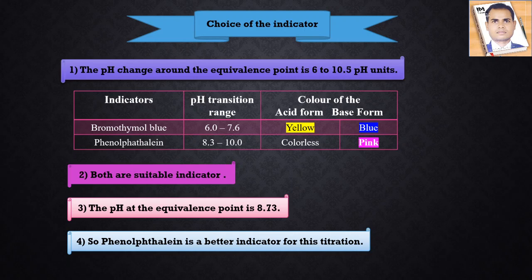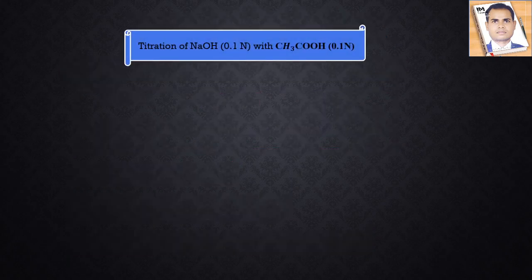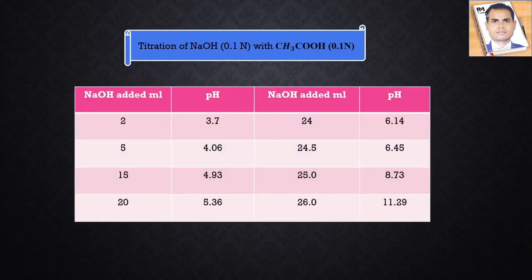Now we have to see how the pH changes stage-wise when you add the base into the acetic acid. Consider the titration of 0.1 normal NaOH with 0.1 normal acetic acid. You will see this table. If you add 2 ml of base, the pH of this solution will be 3.7. You add 5 ml, the pH will be 4.6.